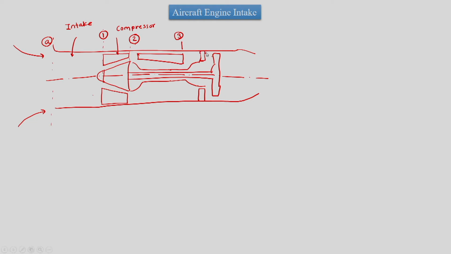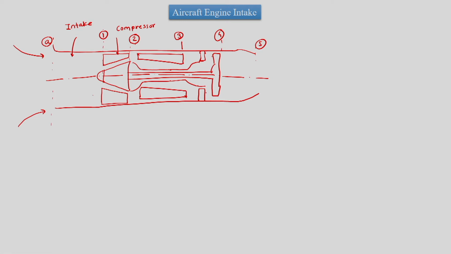After this turbine the flow enters the nozzle and at the exit it has state 5. So these are different components of the aircraft engine which are known to us.